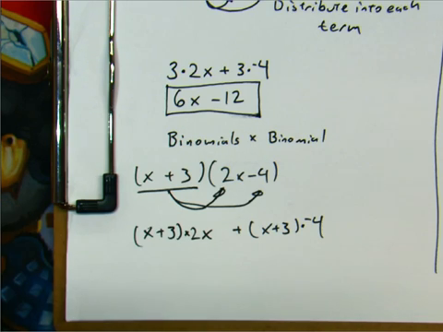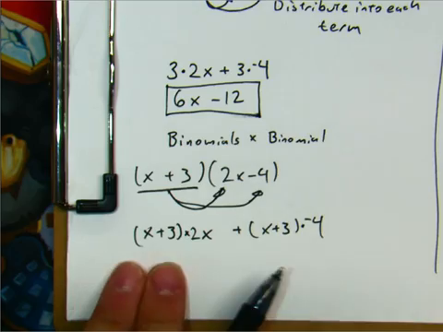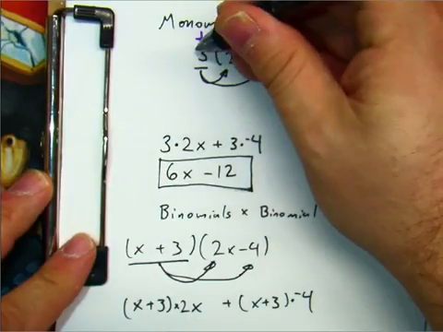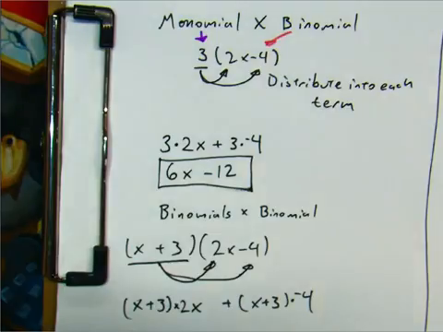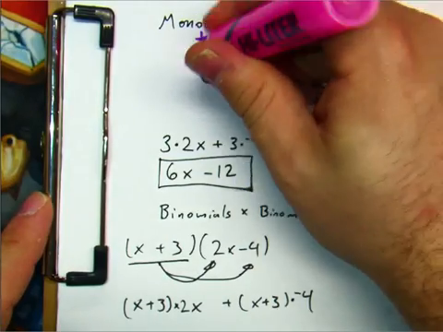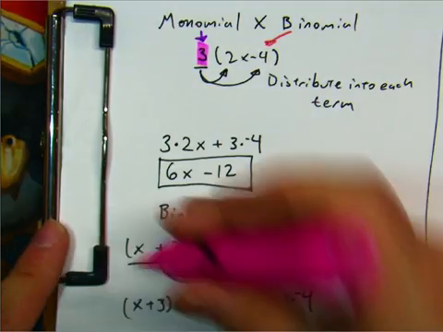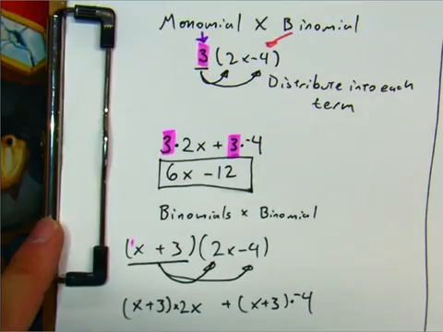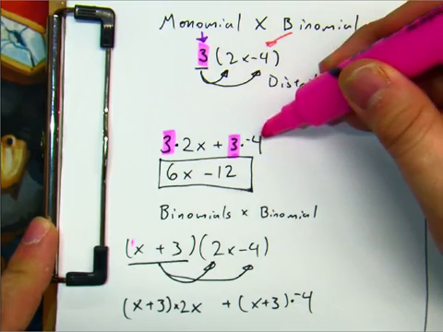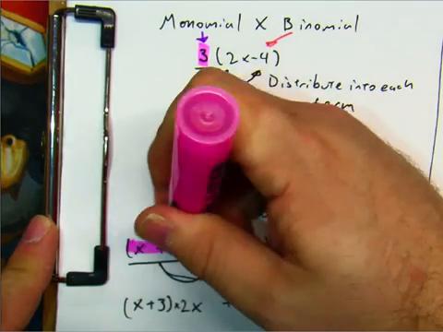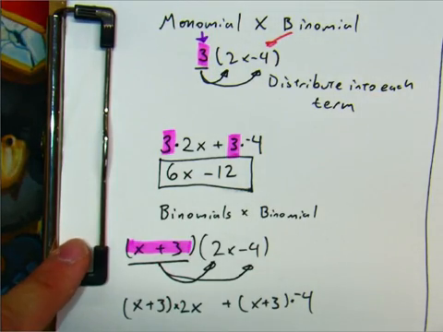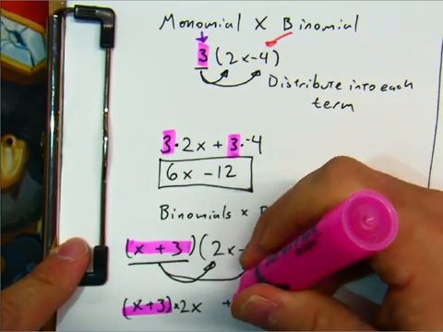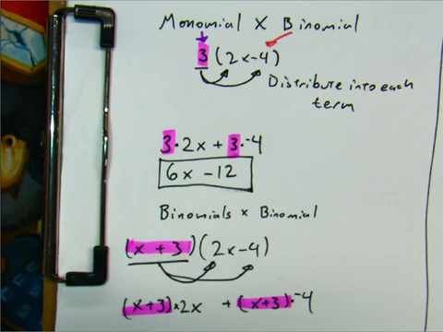I just want to explain why this works first. And see, this is exactly the same as when I was doing a monomial. Before, I had this 3 that I distributed in. Now I'm doing the exact same thing. I would end up with a 3 here and a 3 here, times 2x and times a negative 4. This is the exact same thing, except this time I'm treating it as an x plus 3. So I have an x plus 3 times 2x and an x plus 3 times a negative 4.